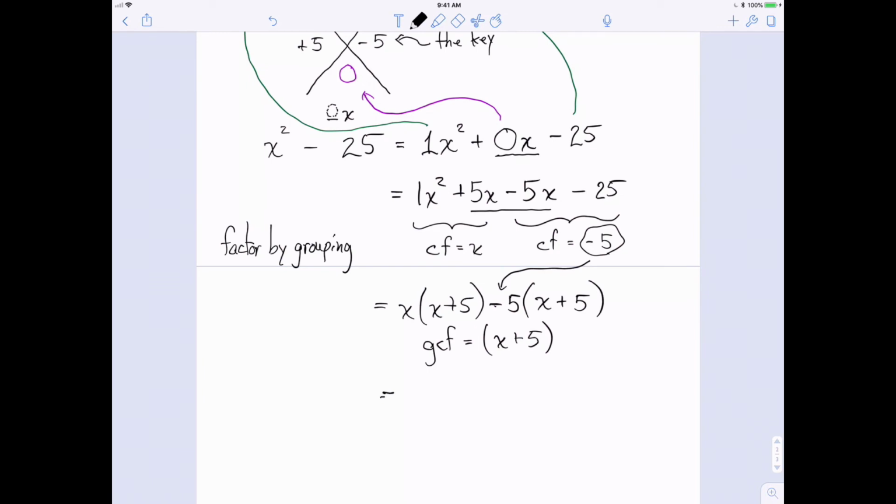And so I can write my final answer as x plus 5 times x minus 5. This pattern is called a difference of squares.